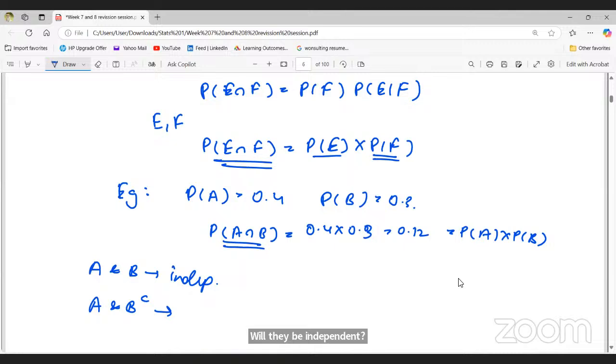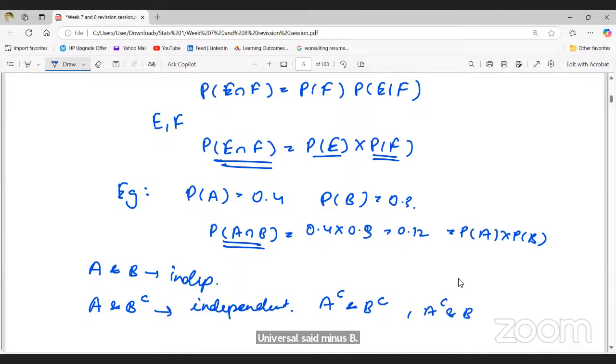Yes, because the complement is the universal set minus B, so A and B complement would also be independent. A complement and B complement, A complement and B, they would also be independent.